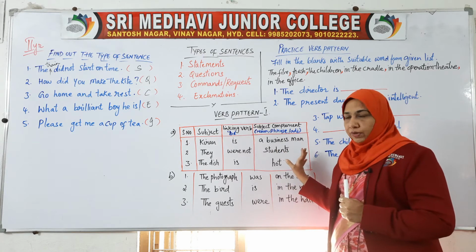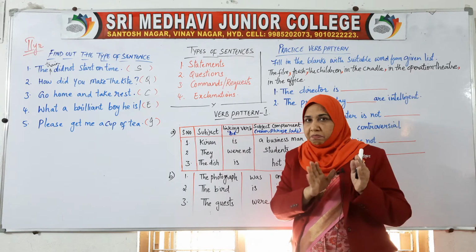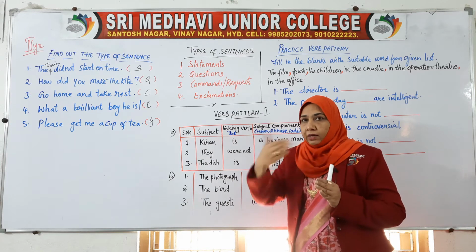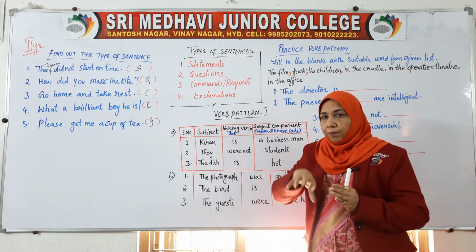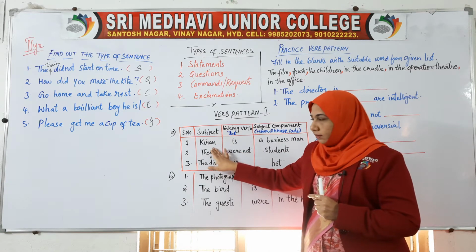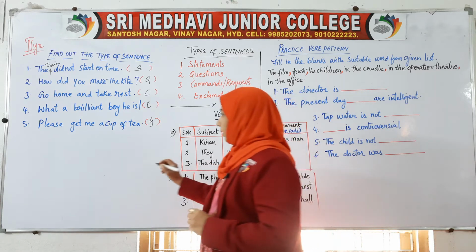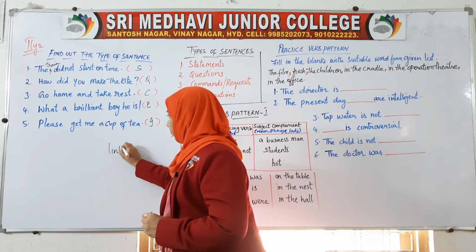Any can be used over here. Now for the subject: the subject is the main one on whom we are talking, or the main topic of the sentence. So the subject is Kiran. Linking verb or helping verb are similar ones.